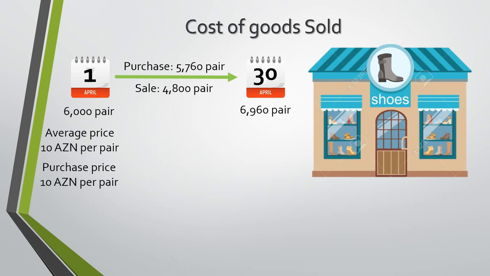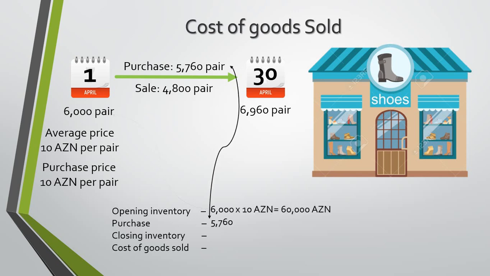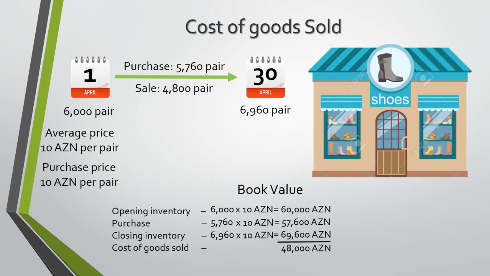Let's take the average purchase price as 10 yen. Now we can calculate cost of goods sold with the formula opening inventory plus purchases minus closing inventory. So the book value of the inventory should be 48,000. If everything is okay, the book value should be the same as the actual one.